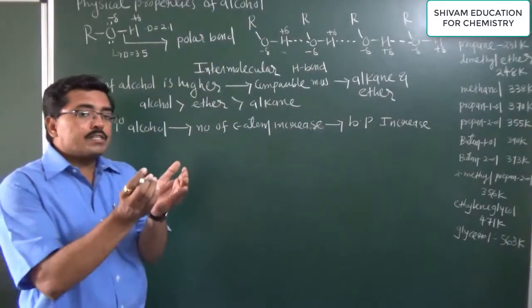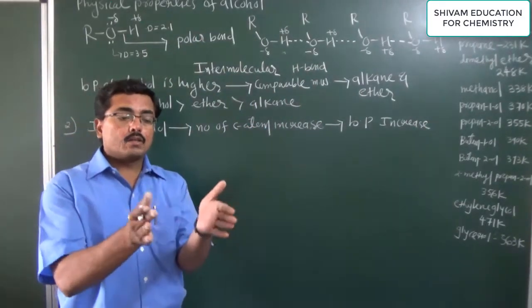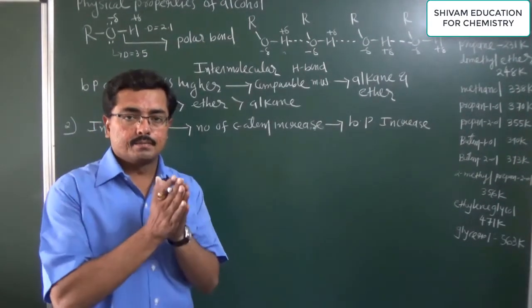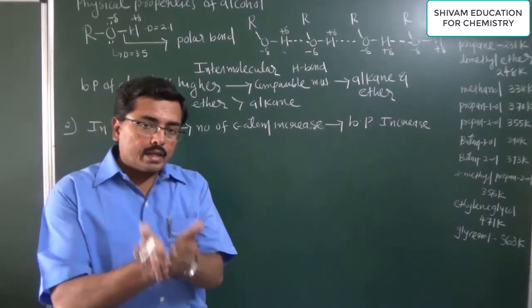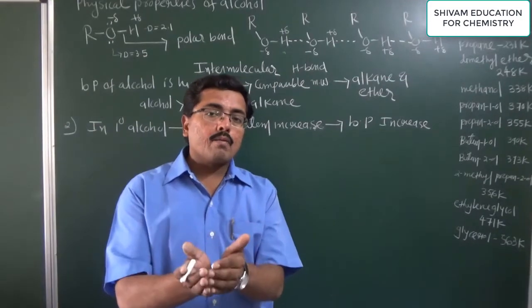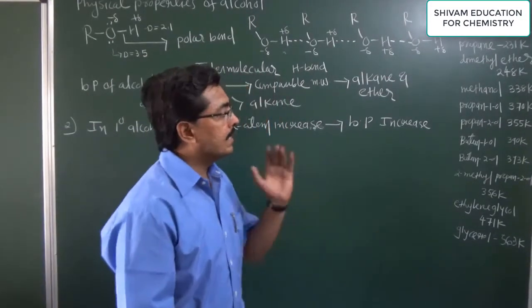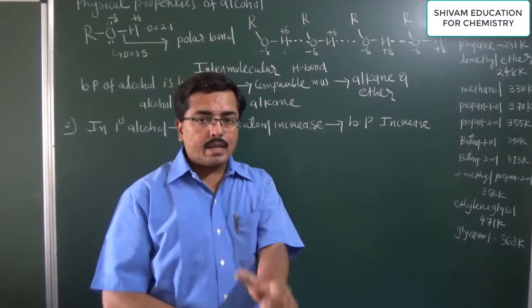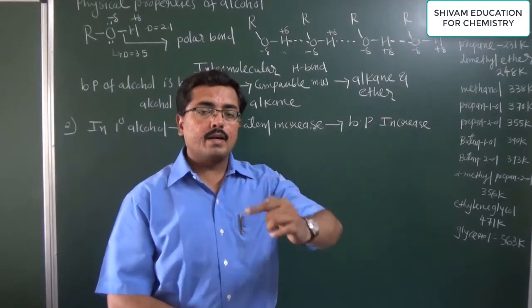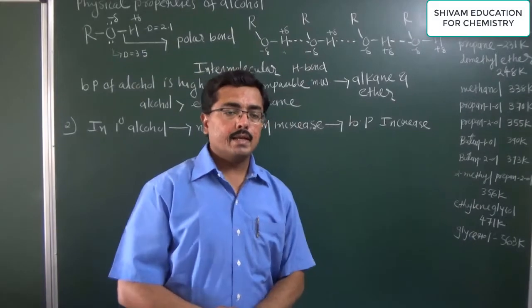It is observed that as the number of carbon atoms increases, the contact surface area increases. As the contact surface area increases, the van der Waals force of attraction will also increase. So as a result, in a primary alcohol, as the number of carbon atoms increases, the boiling point will increase.